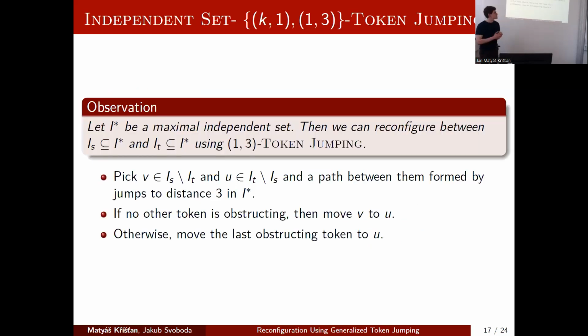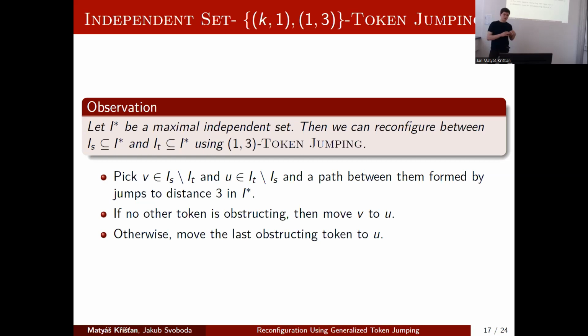So first observation is, if we could take the initial independent sets and move them into some common maximal independent set, then we are okay, at least using the 1-3 rule. What we can do at that point is just try to reconfigure the tokens one by one. We'll pick them, imagine there is some path along them.